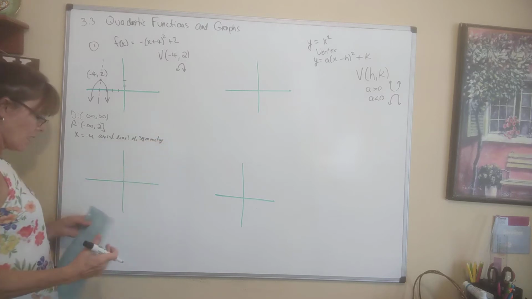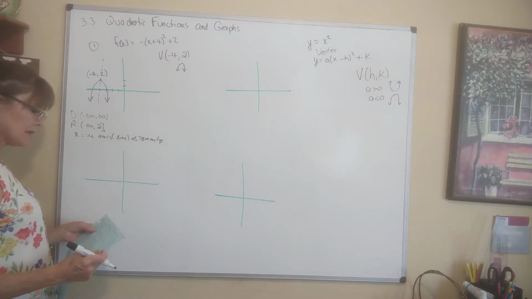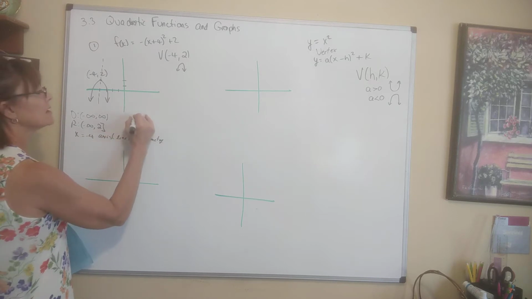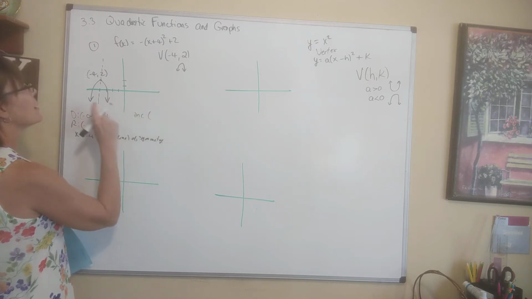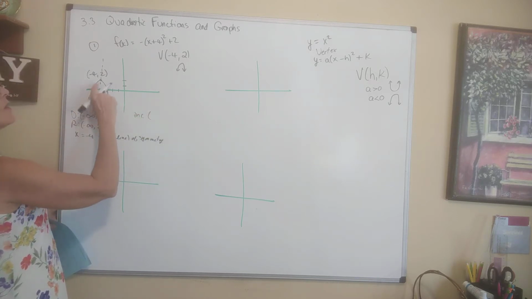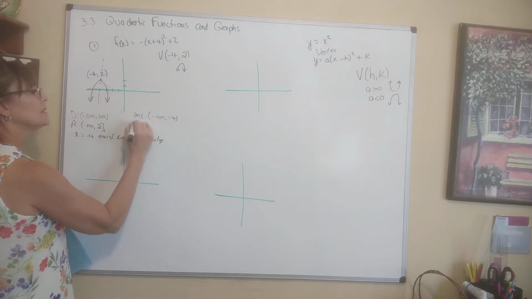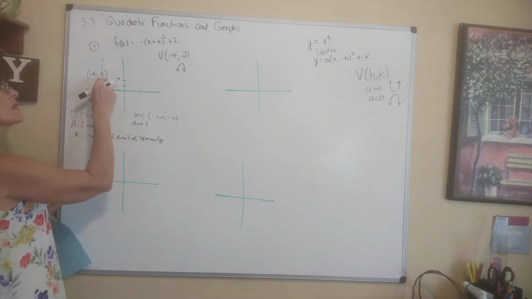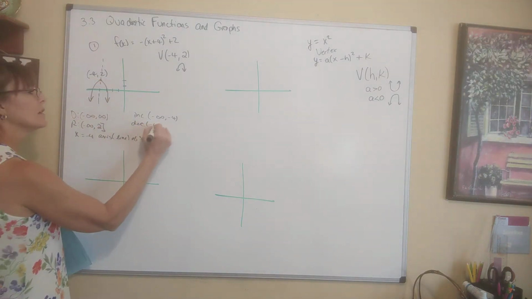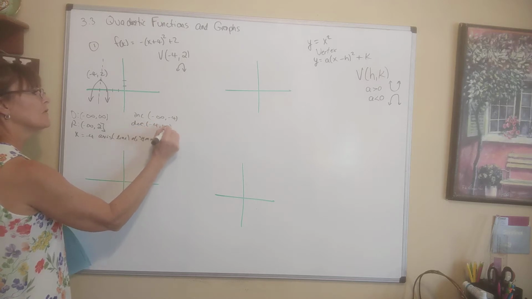All right. Where is this guy increasing? He is increasing from negative infinity all the way up to negative 4. Where is he decreasing? He is decreasing starting at x equals negative 4, to infinity.